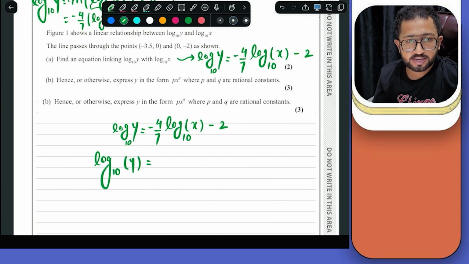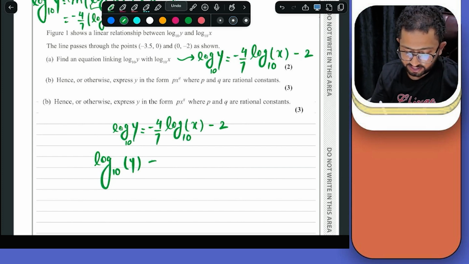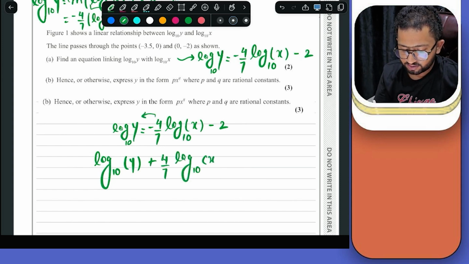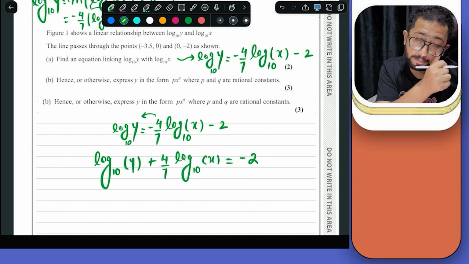We have already learned in P2 log and exponential. So how can we deal with log and exponential ideas? What can I do? I have to shift this one to the other side, equal to minus 2. What type of question is this? In P2, exponential and log.